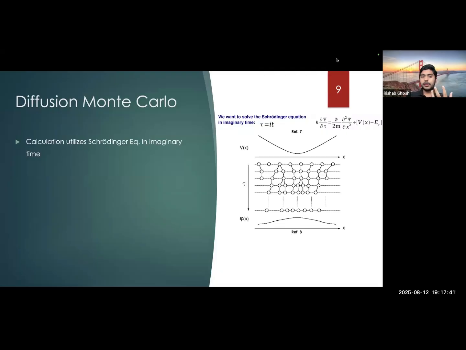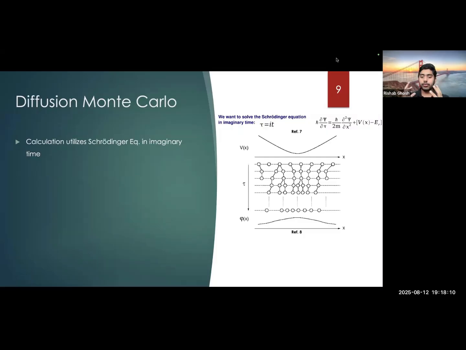The actual mechanics behind diffusion Monte Carlo work in a similar way. We start off with an initial wave function, which is our guess at what the wave function of the molecule could look like at its ground state. Then we utilize what are known as walkers, which simulate electrons, except they randomly move over each time step tau, and in doing that, their energy changes with each time step.